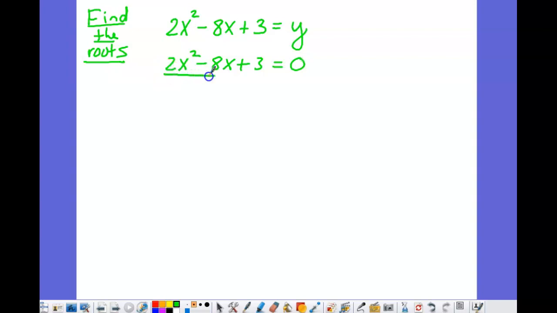So you guys might remember this is what's called standard form. I want to start by changing it into vertex form. So to do that, the first step is to subtract the 3 on both sides. The next step is to factor out the a.